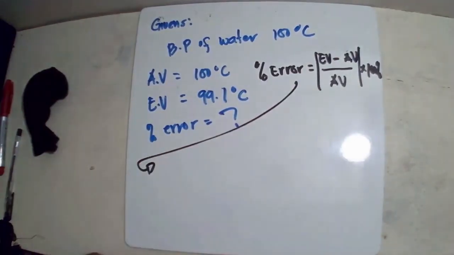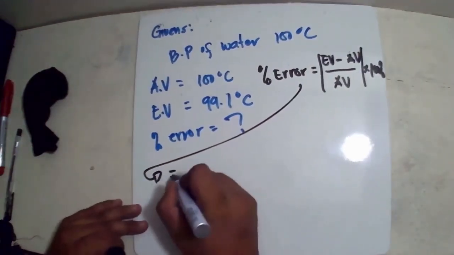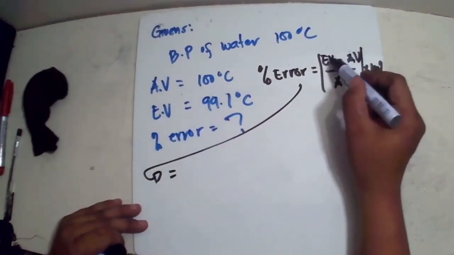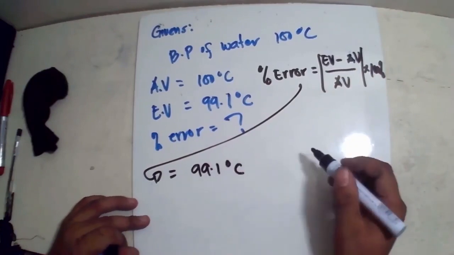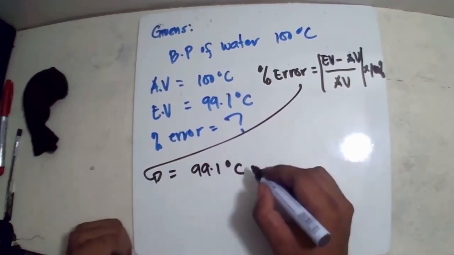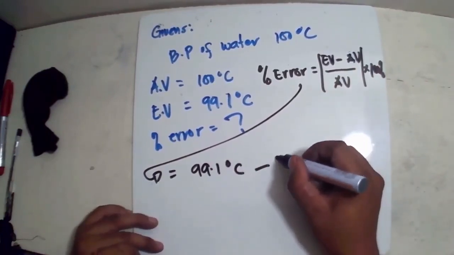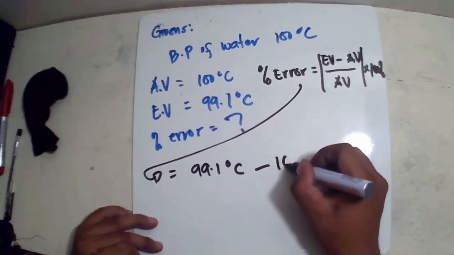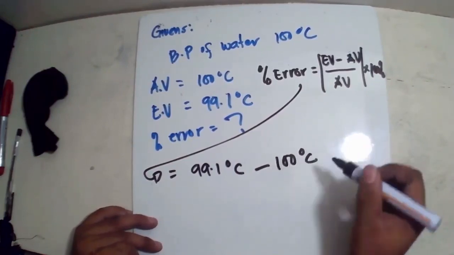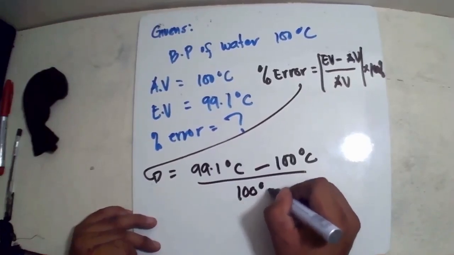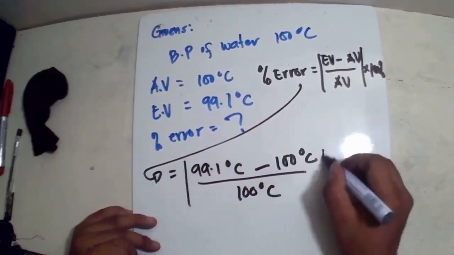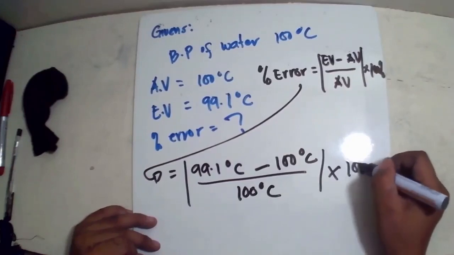Now substitute the values here. This is equal to the experimental value, 99.1 degrees Celsius, minus the accepted value, 100 degrees Celsius, divided by the accepted value, which is 100 degrees Celsius, absolute, times 100%.